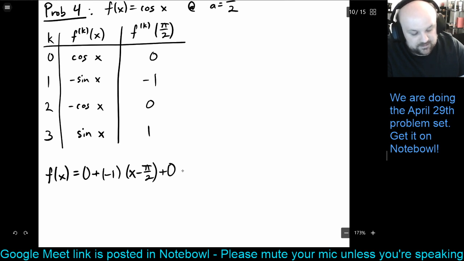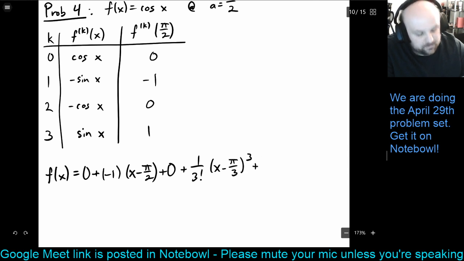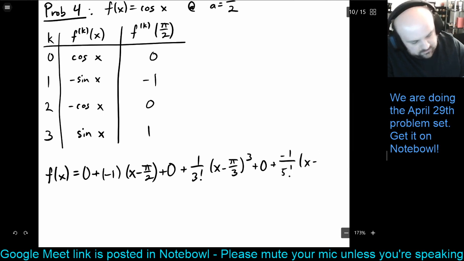And then plus 0, and then plus 1 over 3 factorial times x minus pi over 2 cubed, plus 0, plus negative 1 over 5 factorial times x minus pi over 2 to the 5th, and so on.